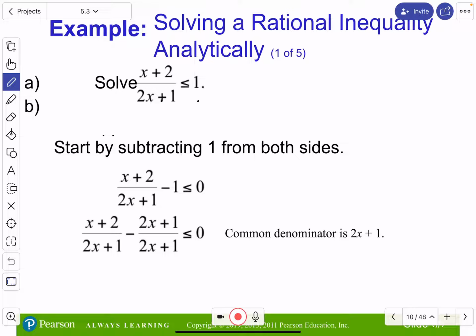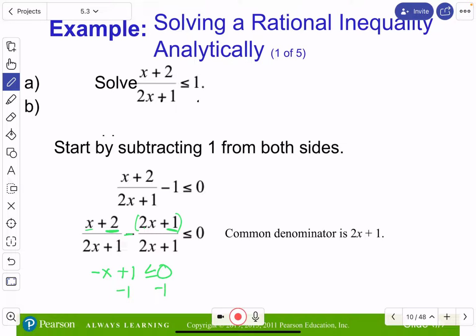The notes on here have us subtracting 1 from both sides to make it equal 0, finding a common denominator, and then combining like terms on the top. So x minus 2x would be -x, and 2 minus 1 is 1. And we know that needs to be less than or equal to 0.